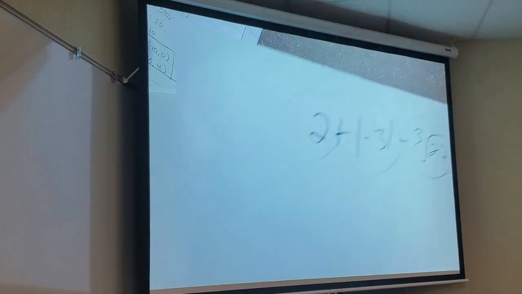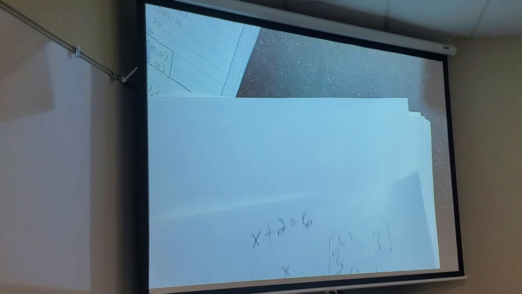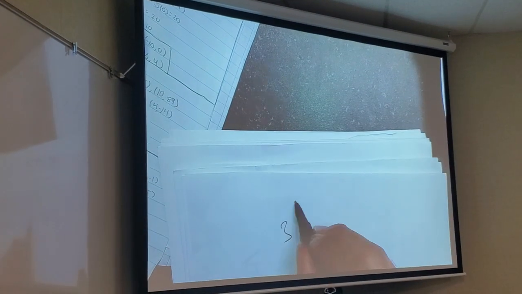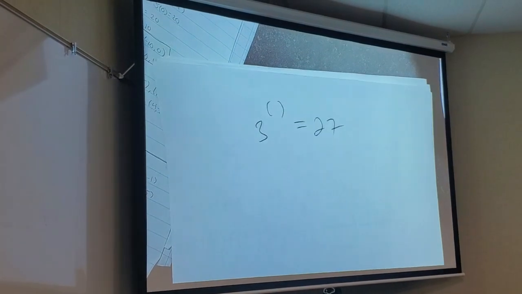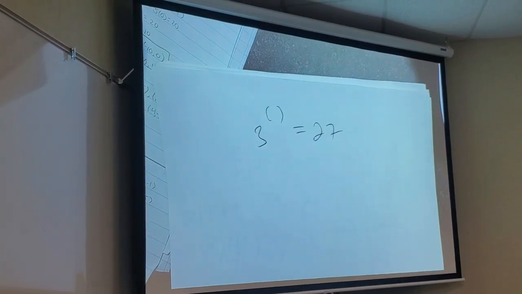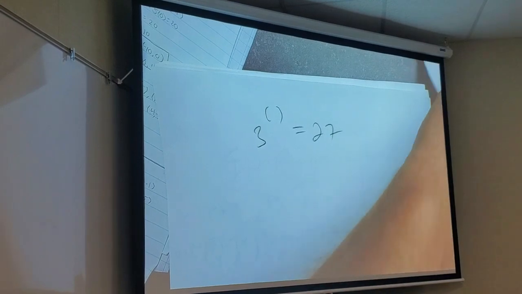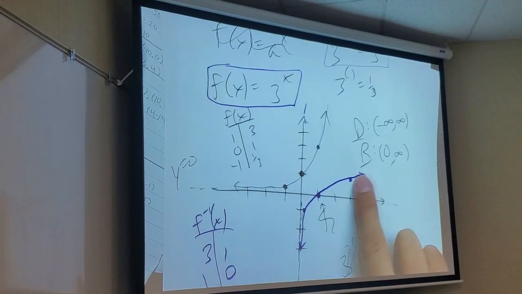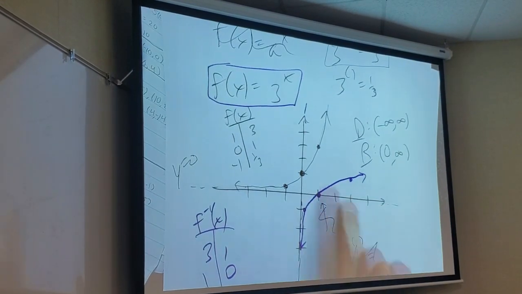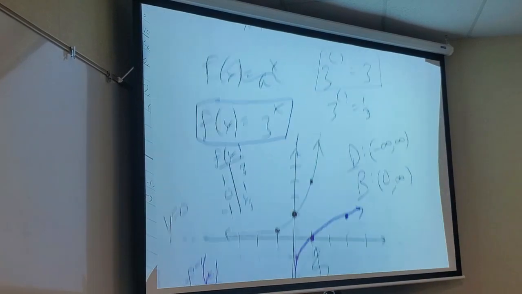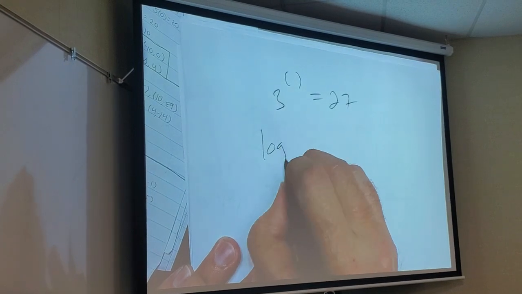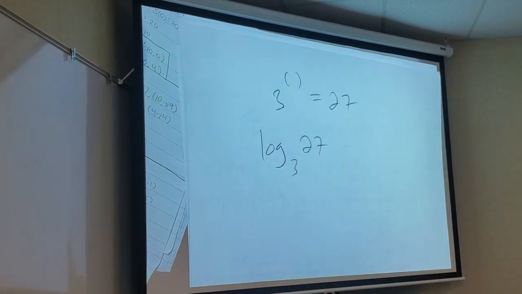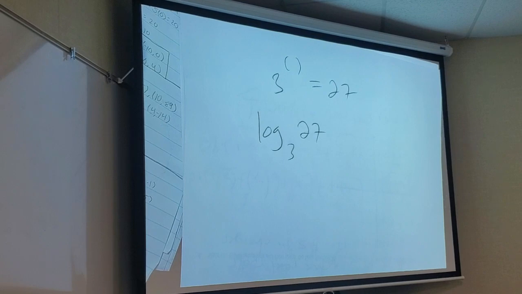So if the question is 3 to the what equals 27, I need to be able to write that in a way that 27 is the input. Because when I do this inverse, aren't the inputs the outputs of this guy? Okay. So if I see this question, log base 3 of 27, we just have to internalize the question that symbol means.